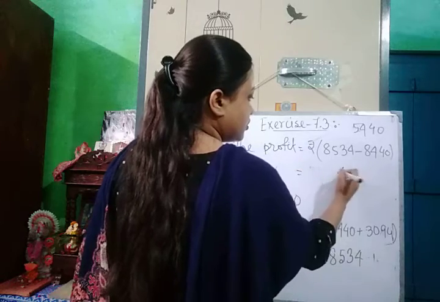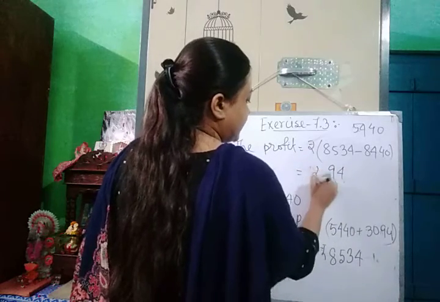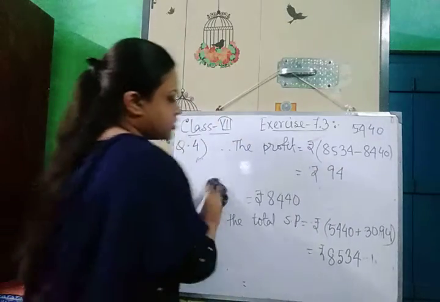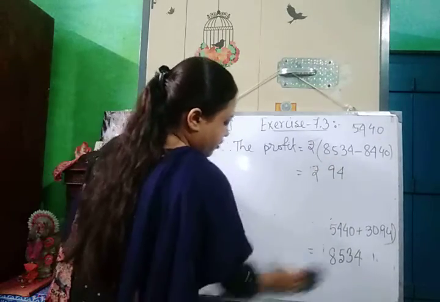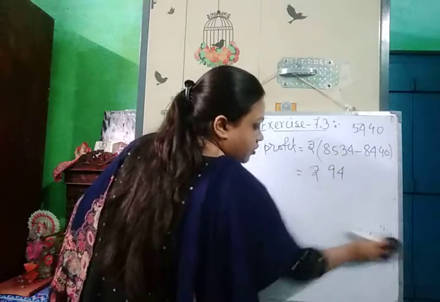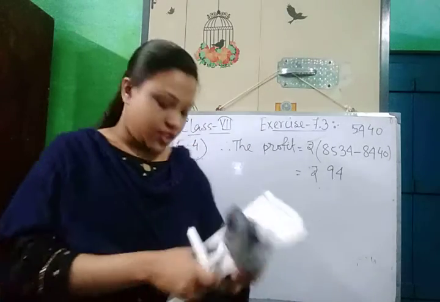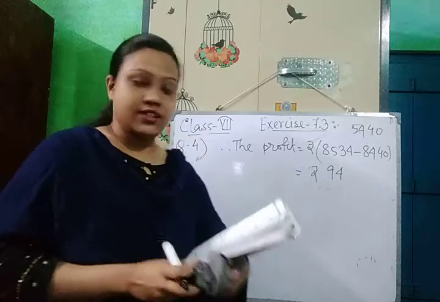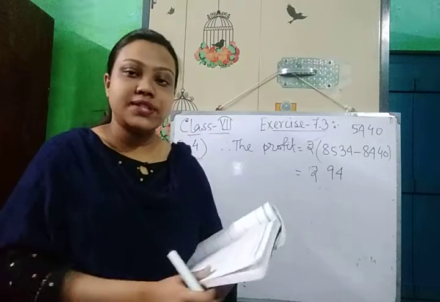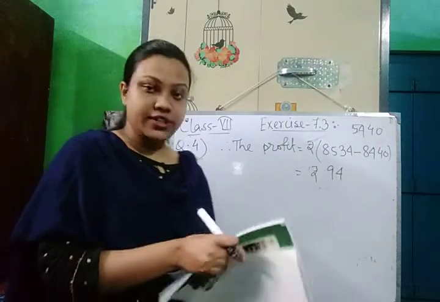So 94 is the answer. So rupees 94 is the profit on both, means total profit of Rajinder. Okay, I hope this is clear. This is an important sum.